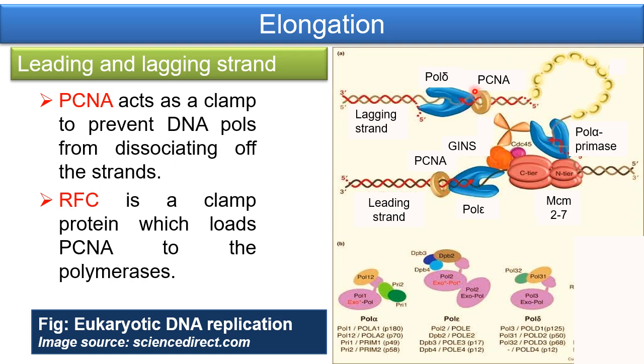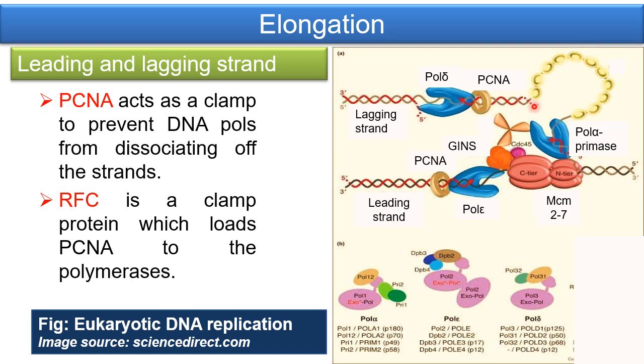Now in this figure I am showing the elongation process in detail. These are the PCNA rings, each with polymerase enzymes, DNA polymerase delta for lagging strand and DNA polymerase epsilon for leading strand. As DNA is produced in fragments or in stretches in lagging strand, each fragment will need primers for its synthesis.